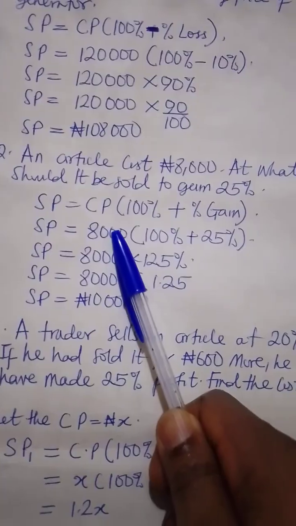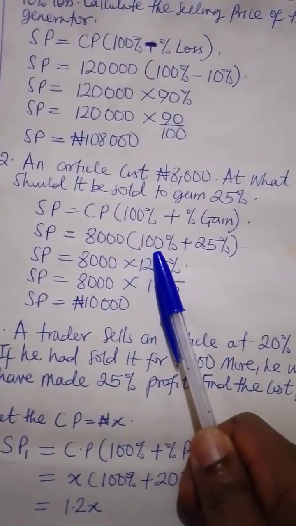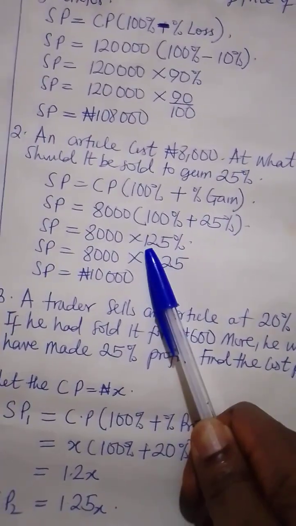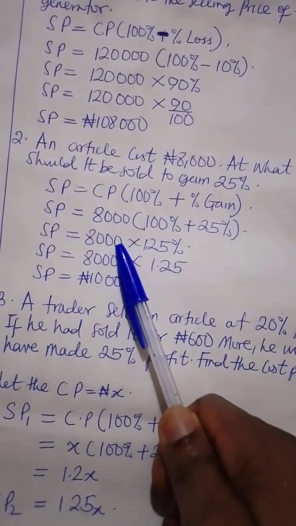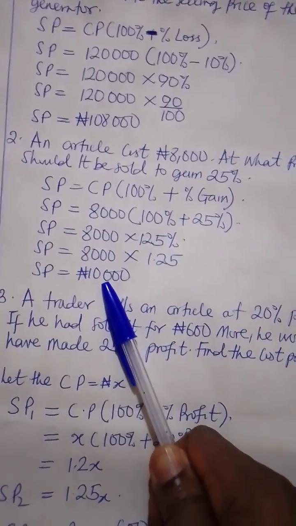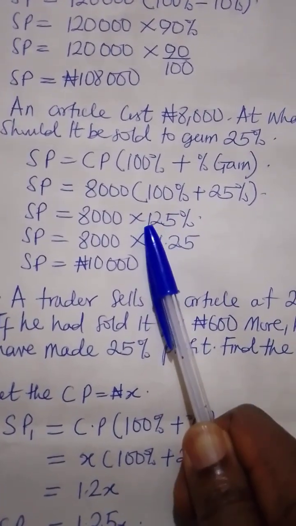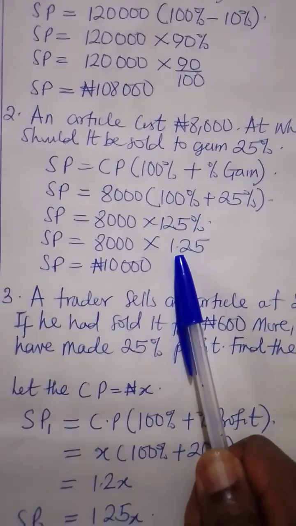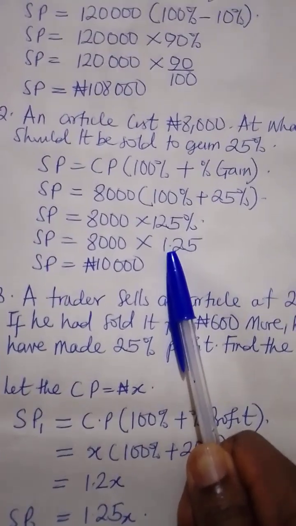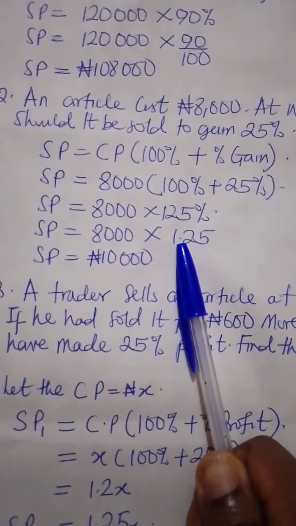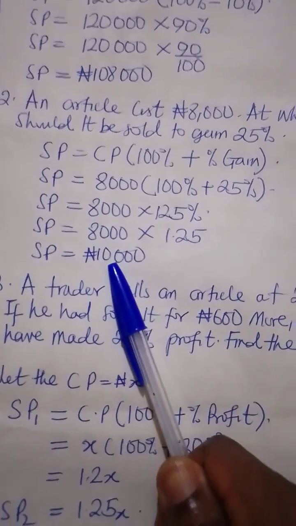So our cost price is 8,000. 100% plus percentage gain, that's 25%. And then we're taking 125% of 8,000. That will give us 10,000 naira. Don't forget, 125% is 125 over 100. And if you resolve that, you will get 1.25. So then 1.25 times 8,000 will give us 10,000.